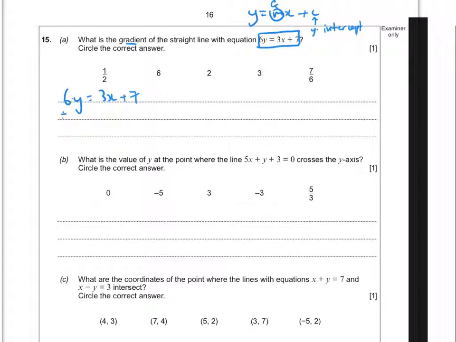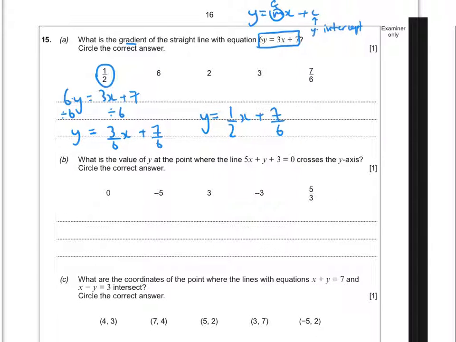So if I divide this side by 6 and everything on this side by 6, I would have y equals 3 over 6x plus 7 over 6. And as you can see, 3 over 6 would cancel down to be 1 over 2. And my answer is there, 1 over 2.